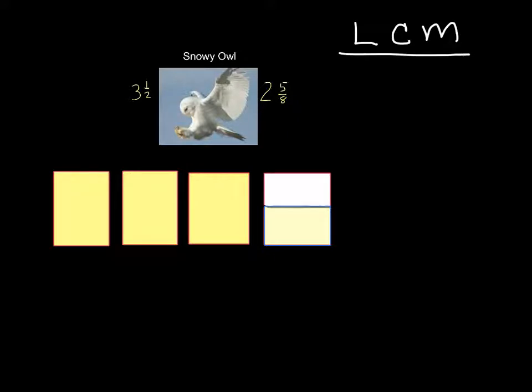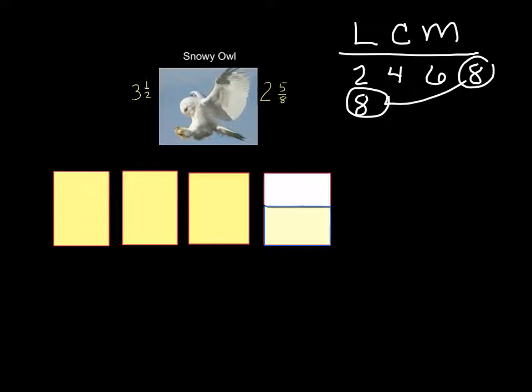My least common multiple. So I'm going to use my 2 denominators, my 2 and my 8, and I'm going to just write the 2 on top and the 8 down here. And now I'm going to count first by 2's, and I'll count 2, 4, 6, and 8. And bingo, right there, I've got my least common multiple.